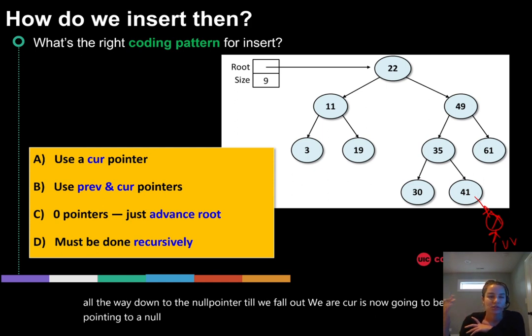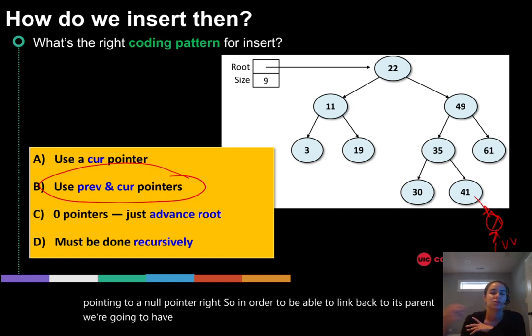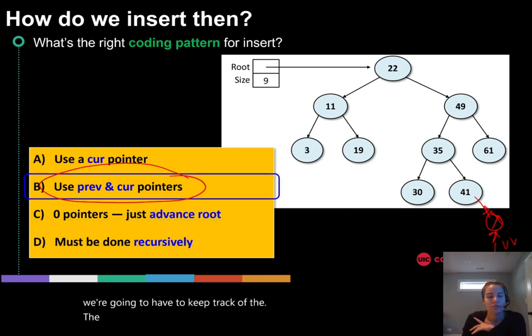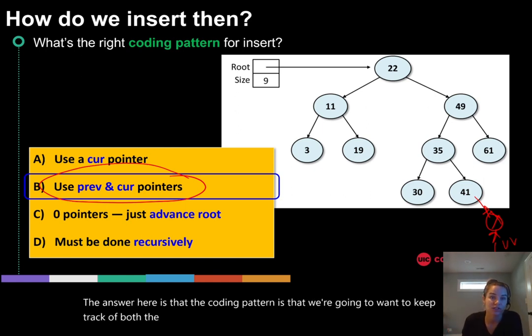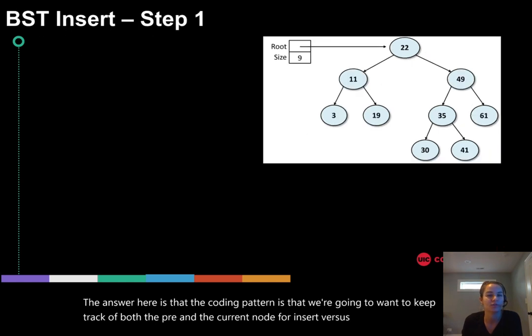So in order to be able to link back to its parent, we're going to have to keep track of the node that we came from. So the answer here is that the coding pattern is that we're going to want to keep track of both the prev and the current node for insert, versus for search when you only needed cur.